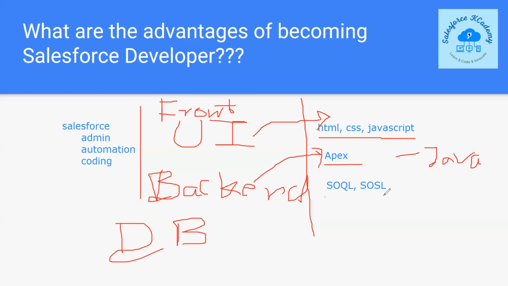Then finally, you will be learning SOQL and SOSL. These are database related concepts, queries and commands. So at the end of this course, you will be a front end, back end, and DB developer. That means you will be a full stack developer.